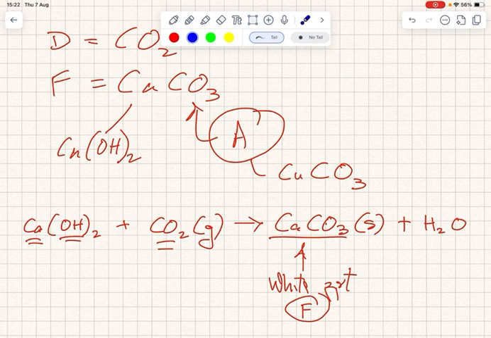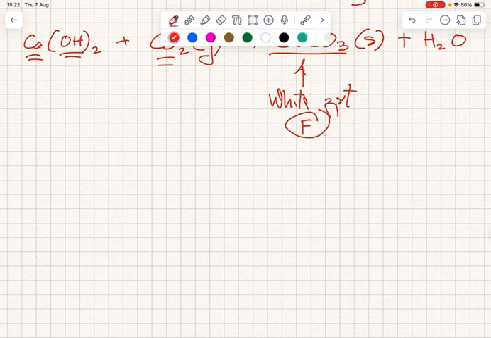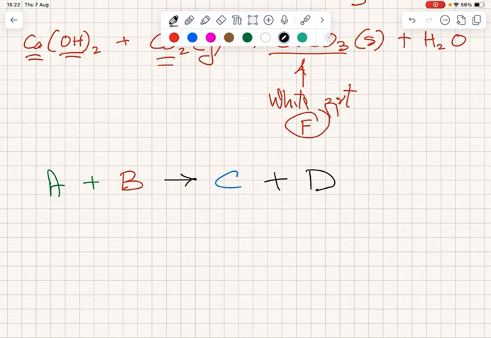Now, let's write down the basic idea of what we have here. We know that just now we are talking about the green solid A plus the acid B, right? Which will produce your blue solution C, yeah? Your blue solution C plus your carbon dioxide D, right?